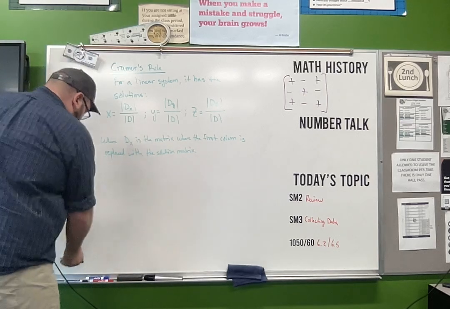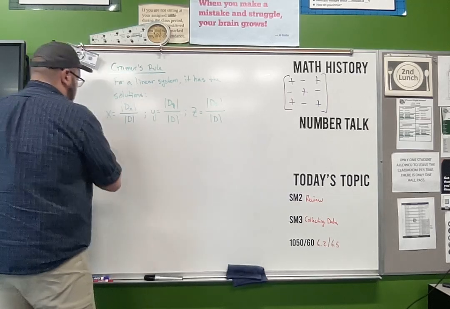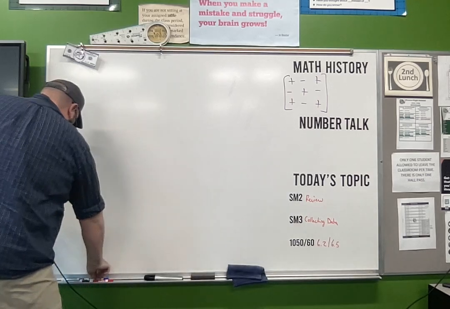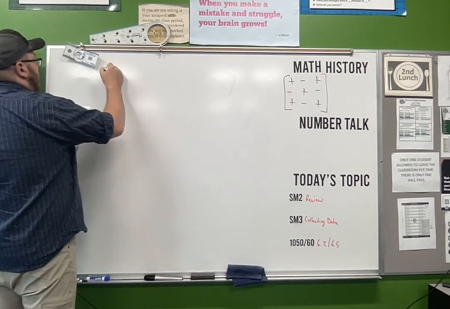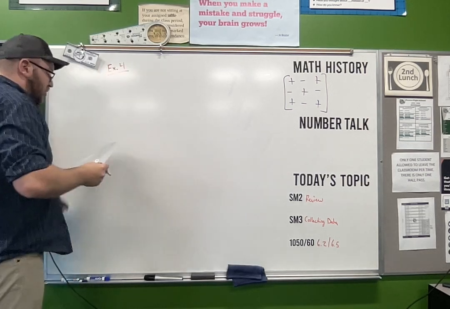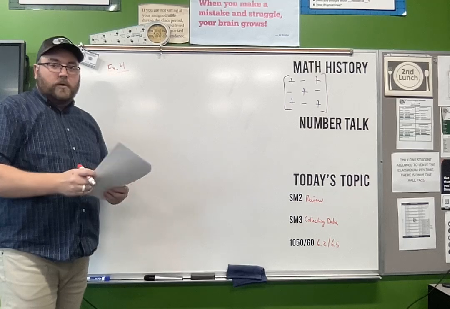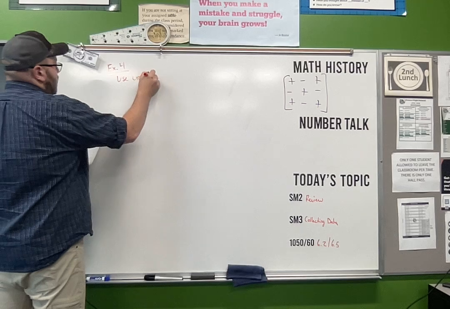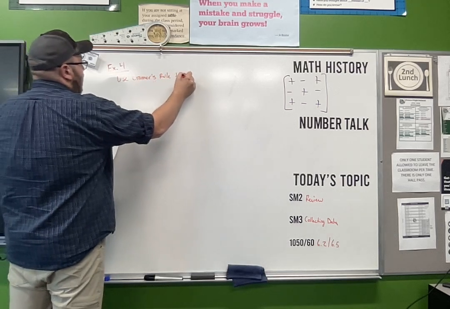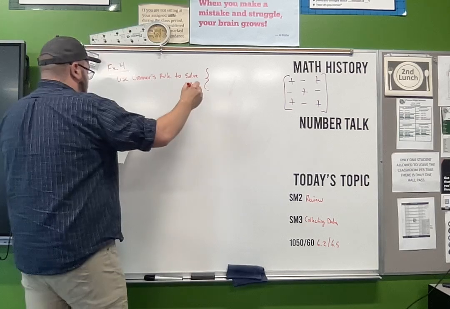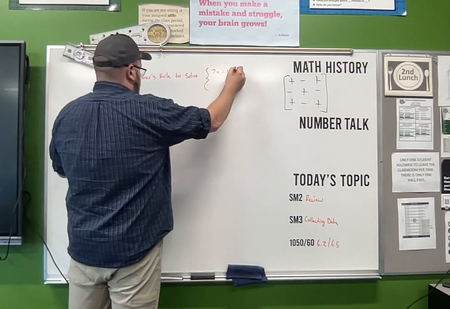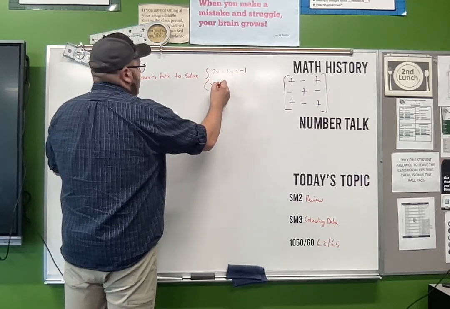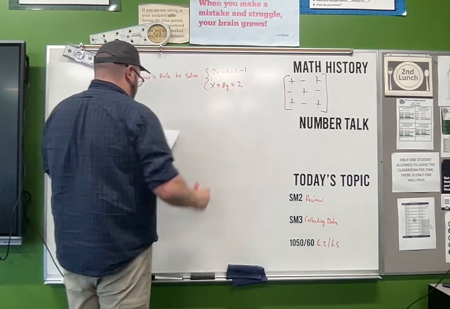All right, let's do an example of this. Example 4. So this first example is a 2 by 2, and then we'll do a 3 by 3, which is a lot of work, but we'll do it. Okay. So use Cramer's rule to solve 2x plus 6y equals -1, and x plus 8y equals 2.